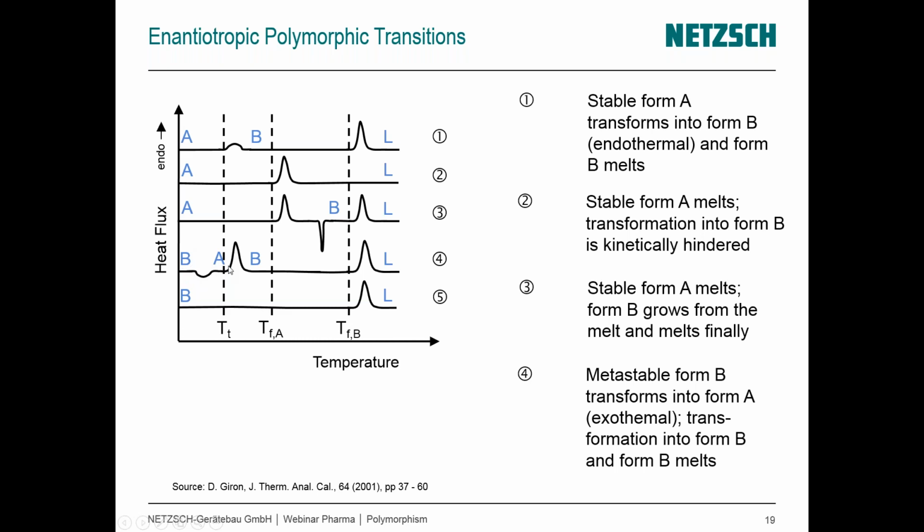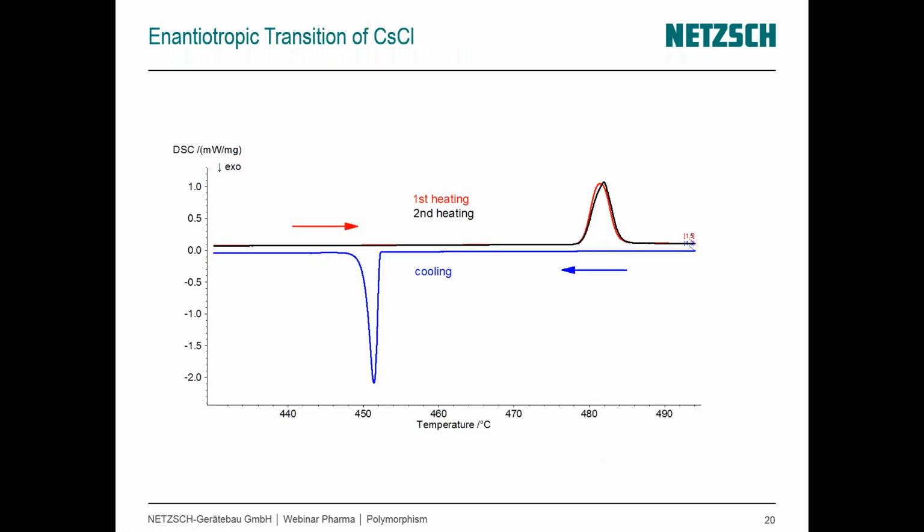A transforms into B, and then B melts. So we can see a lot of different transitions. Metastable B transforming to A transforming to B melting. And then of course at the very end we have the most simple version, which is metastable form B melts. We have no transition to A, no transition back to form B.